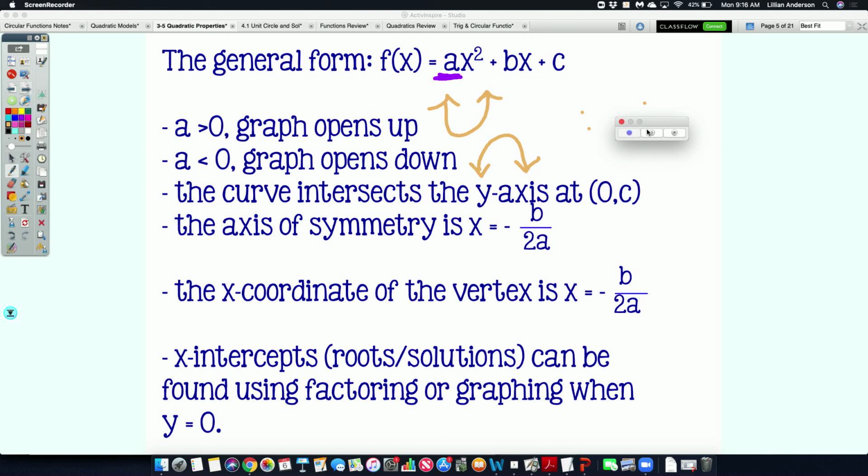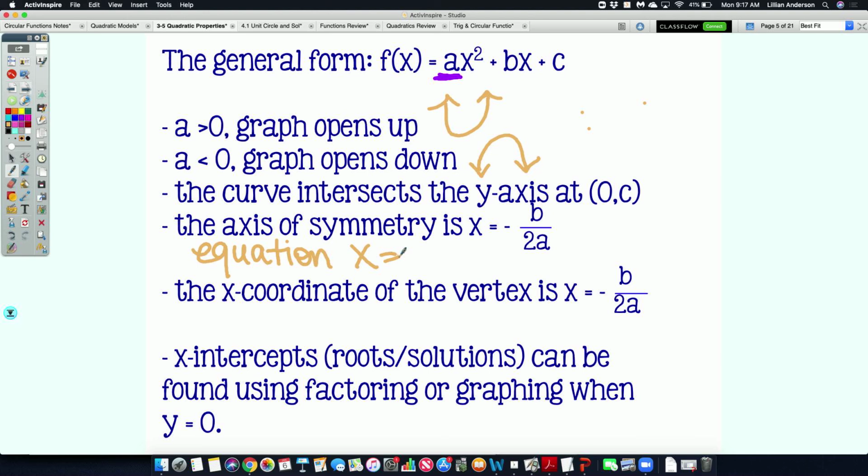Now, the one thing you do need to be aware of with the axis of symmetry is that it is an equation, which means you need to have the x equals and then the value. Without it, it's incorrect. But one benefit when you find the axis of symmetry is that you're also finding the x-coordinate of the vertex.